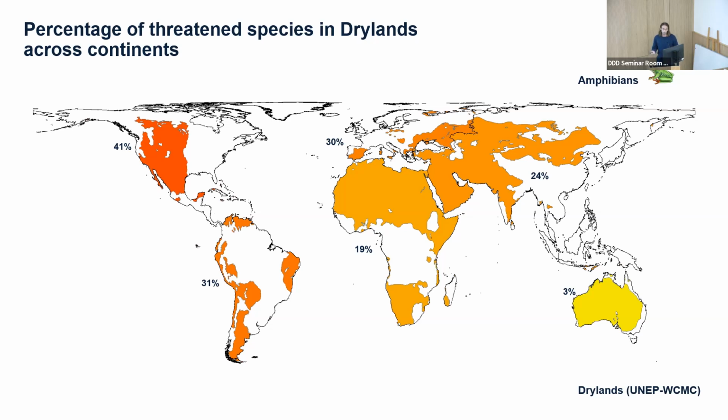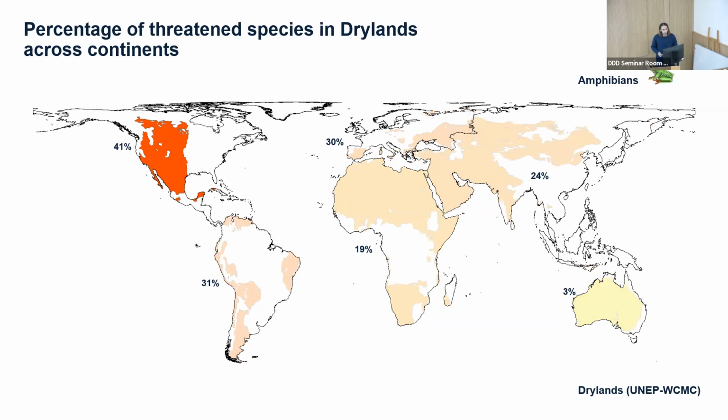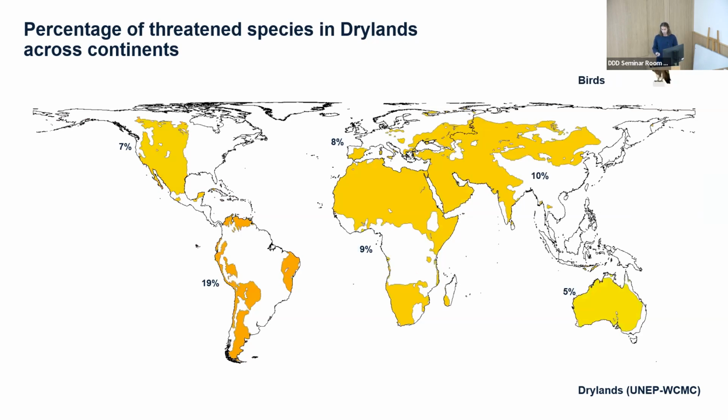Many of them are found in deserts only, and many of them are regarded as threatened. For example, 41% of amphibians in North American drylands are considered threatened. We repeat these analyses for the remaining land vertebrate taxa in drylands for birds, mammals, and reptiles, showing the proportion of each of these in drylands by continent and their threat status.